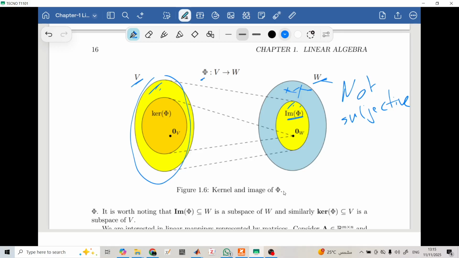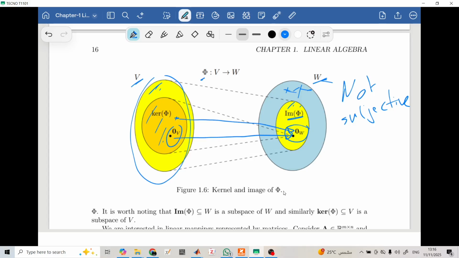Now the kernel of the mapping is this set that is mapped to the all zero vector. Now if the kernel of the mapping is more than the all zero vector, this means the mapping is not one-to-one. Why? Because we know that 0 gets mapped to 0, but maybe some other point here also gets mapped to 0.